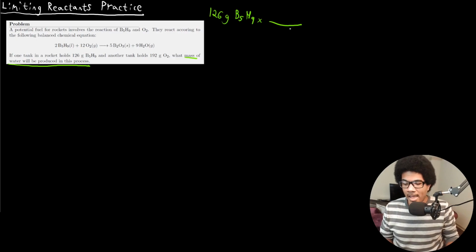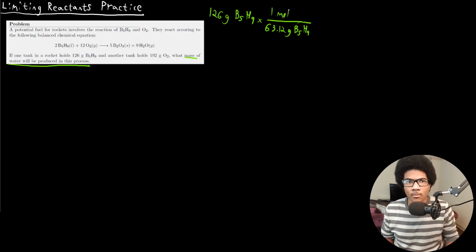The molar mass for B5H9 is going to be 63.12 grams of B5H9 for every 1 mole of B5H9. And so that's going to give you 2 moles of pentaborane.